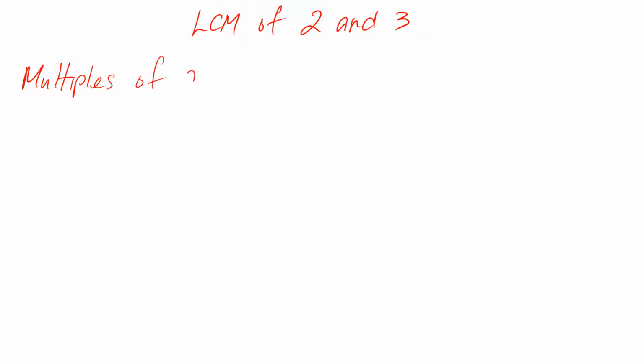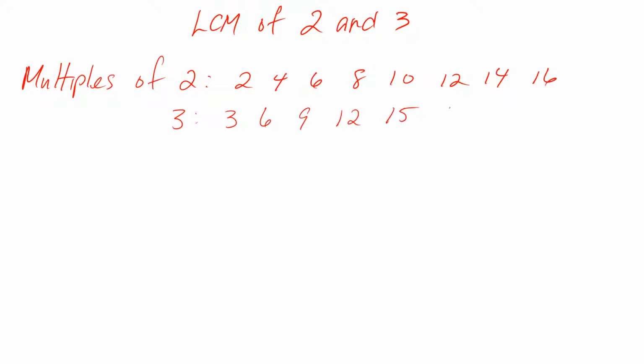Multiples of 2 are 2, 4, 6, 8, 10, 12, 14, 16, etc. Multiples of 3, the other number, are 3, 6, 9, 12, 15, 18, 21, 24, etc. Those are some of the multiples of each of those two numbers.